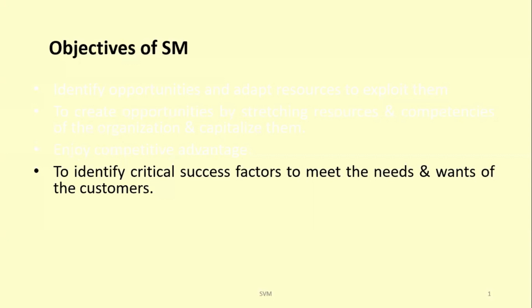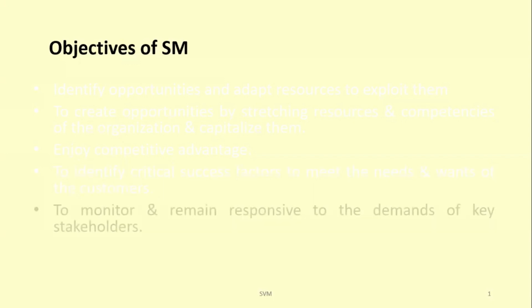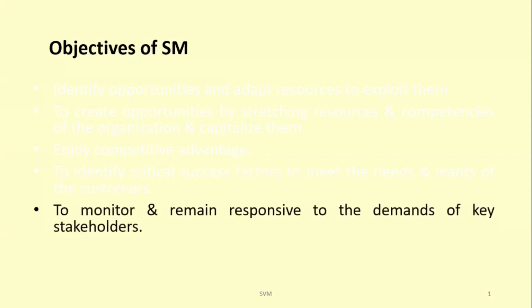Next is to identify critical success factors to meet the needs and wants of the customers. We may notice Domino's Pizza focusing on delivery speed and convenience to meet customer needs. To monitor and remain responsive to the demands of key stakeholders, we may consider the example of Microsoft, which is engaging with the developers and the customers to improve its software and services.